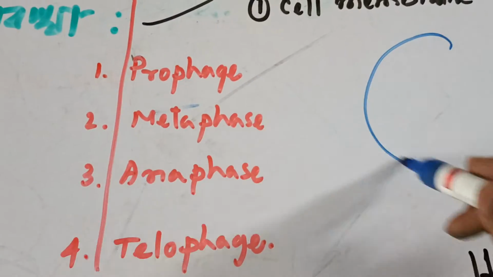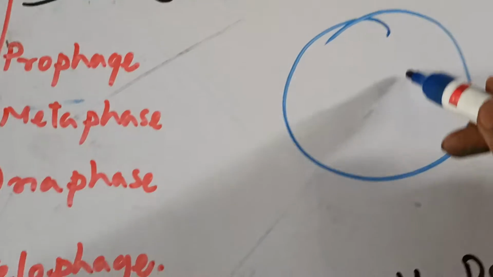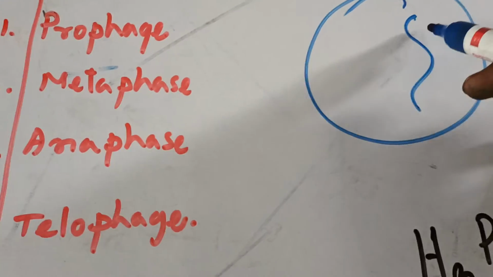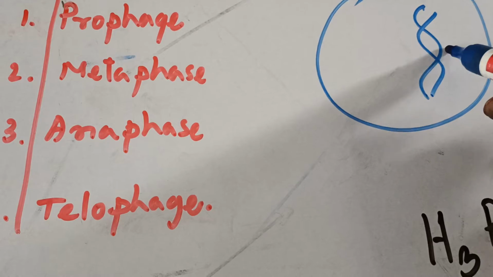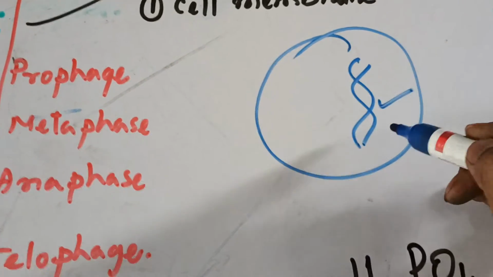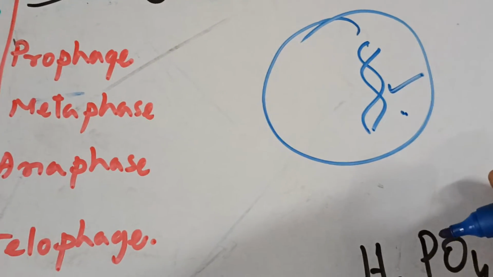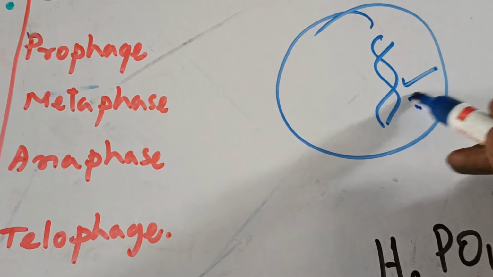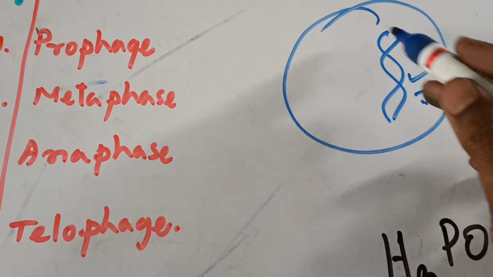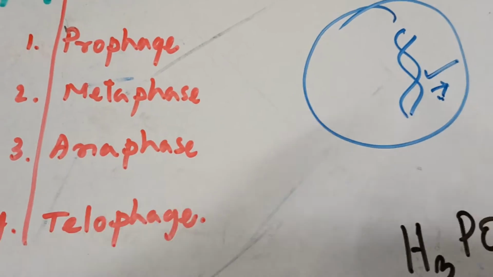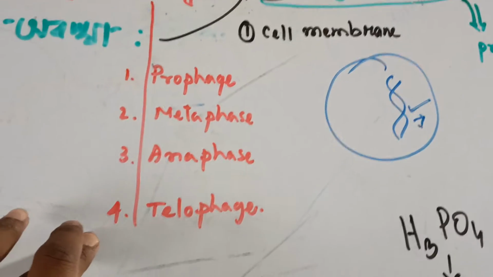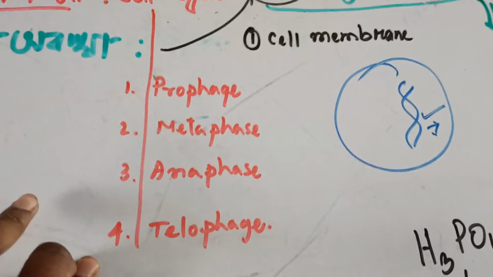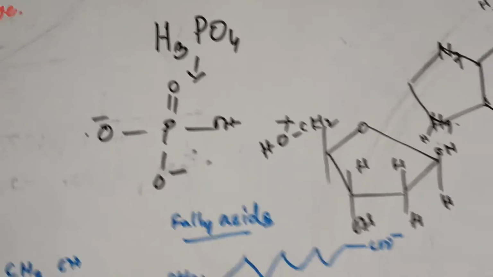Suppose this is the cell and here you have a DNA molecule. So during the synthetic phase, this DNA molecule also becomes double, and after that prophase, metaphase, anaphase and telophase will come.